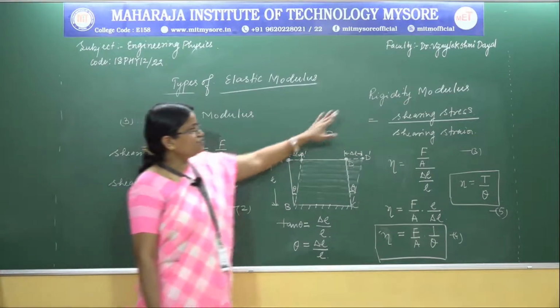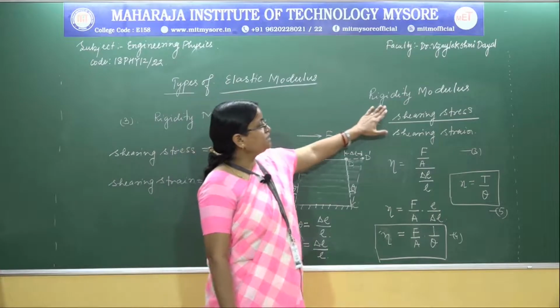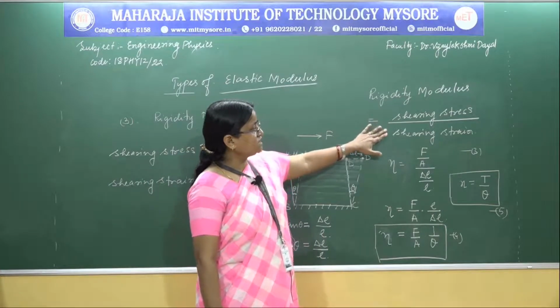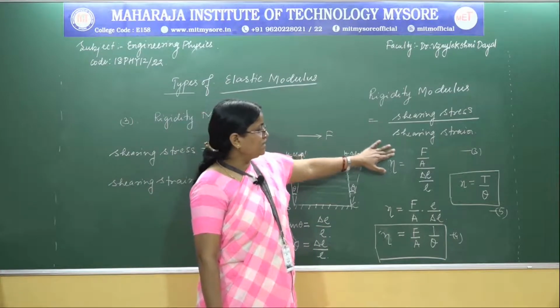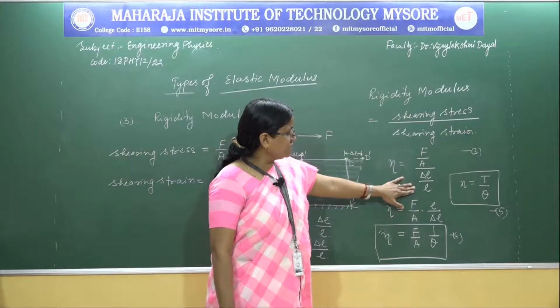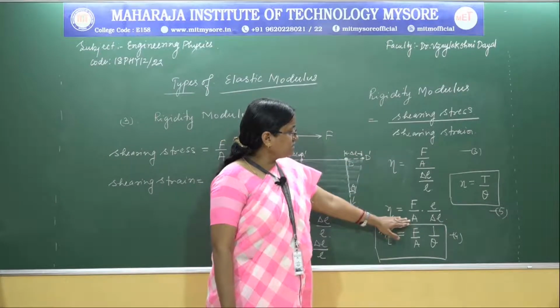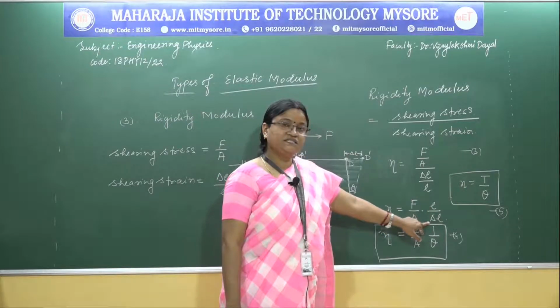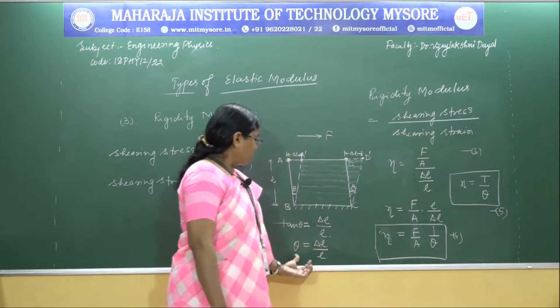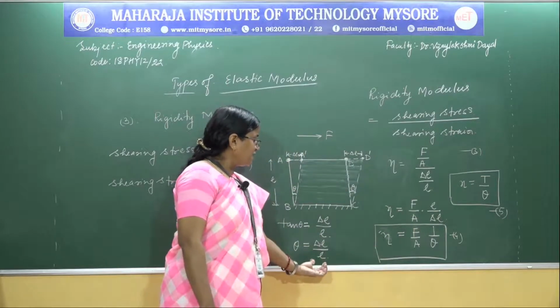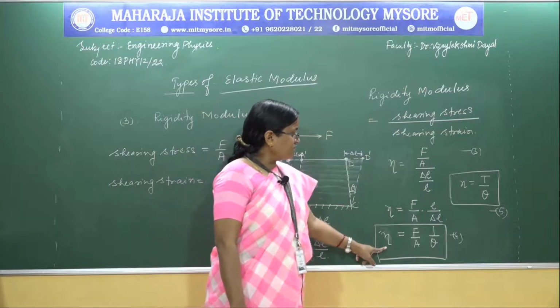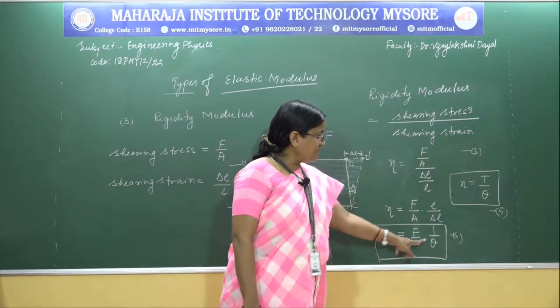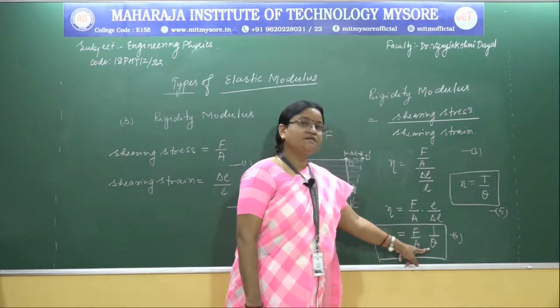So we can write shearing stress as force by area, shearing strain as change in length by original length, and as per the definition, rigidity modulus will be equal to shearing stress by shearing strain. Substituting, we get rigidity modulus equal to F by A into L, original length by the change in length. Substituting the value of delta L by L as theta, we get rigidity modulus equal to F by A into 1 by theta.